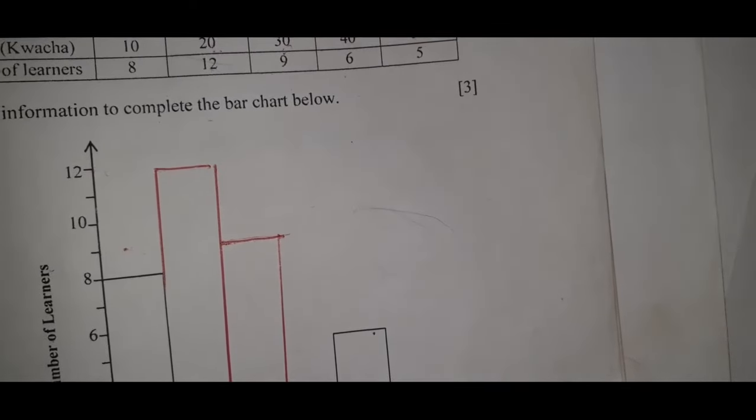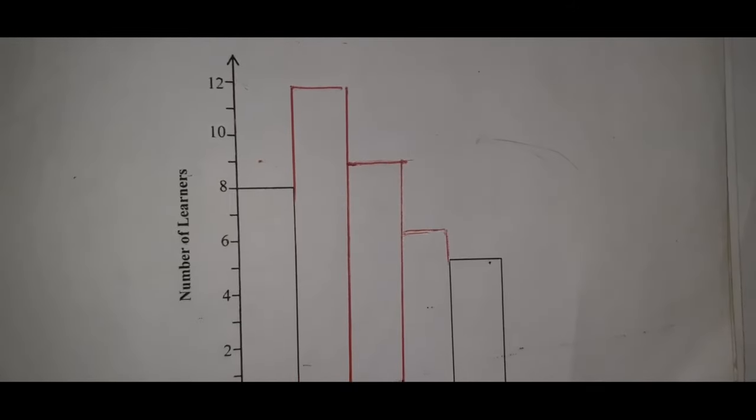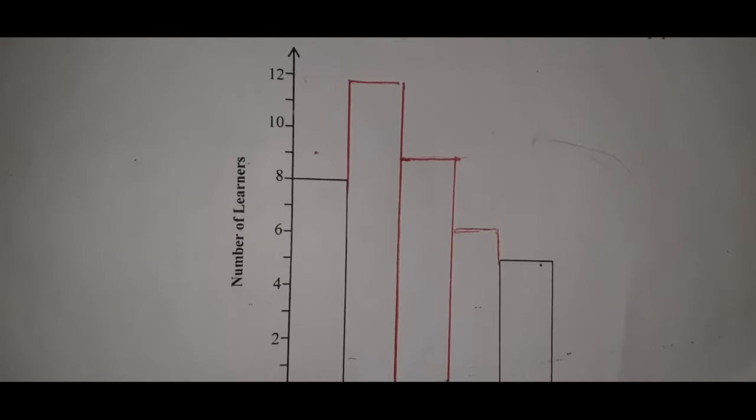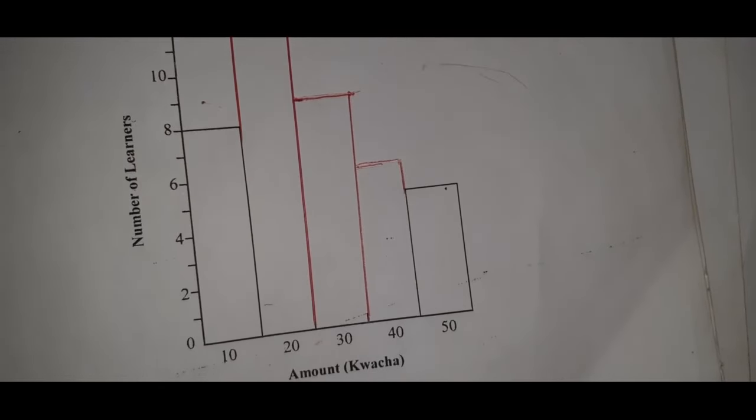Then 40, there were 6. So you can join here down like this. This is how we are supposed to do it. That's all. Go to the next one.